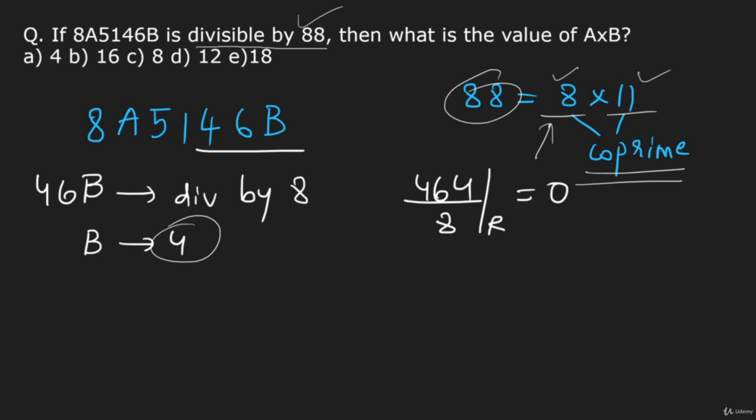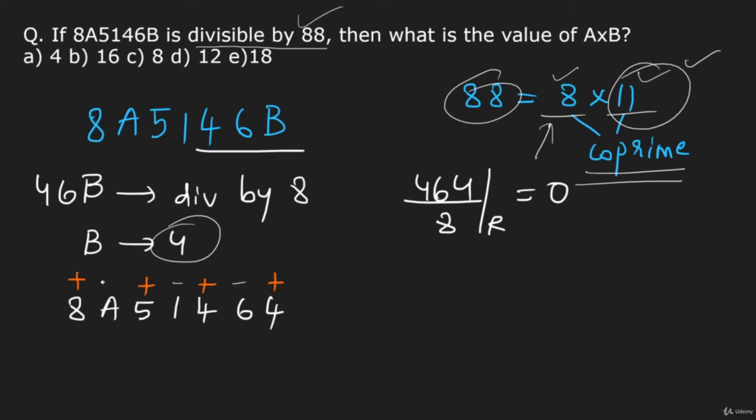This given number can now be written as 8A51464. Now this number has to be divisible by 11 also, right? Because we have 11 over here. Let me give plus and negative signs to alternating digits starting from the right. Now these places will have a negative sign.